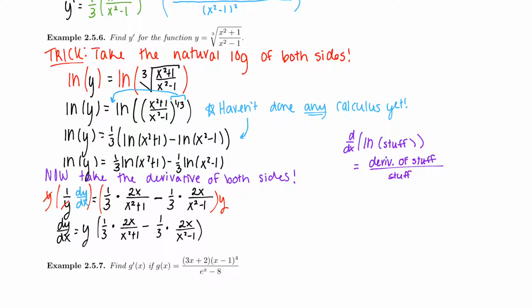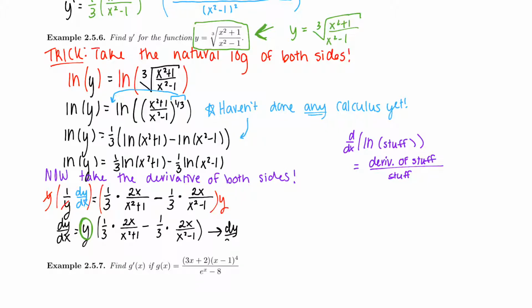So we just have to do this really small thing and remember that y is already defined here. So we can just replace this y with what y is. Y is the cubed root of x squared plus 1 over x squared minus 1. So we just replace that y.